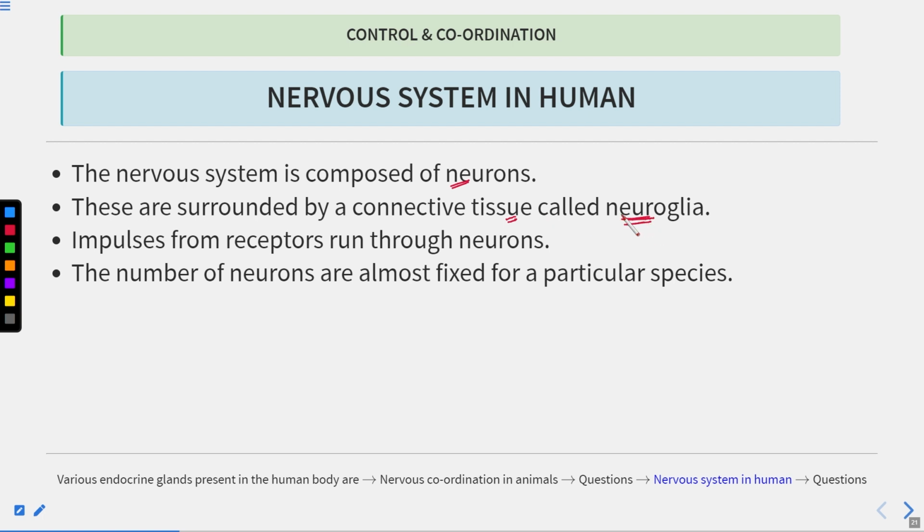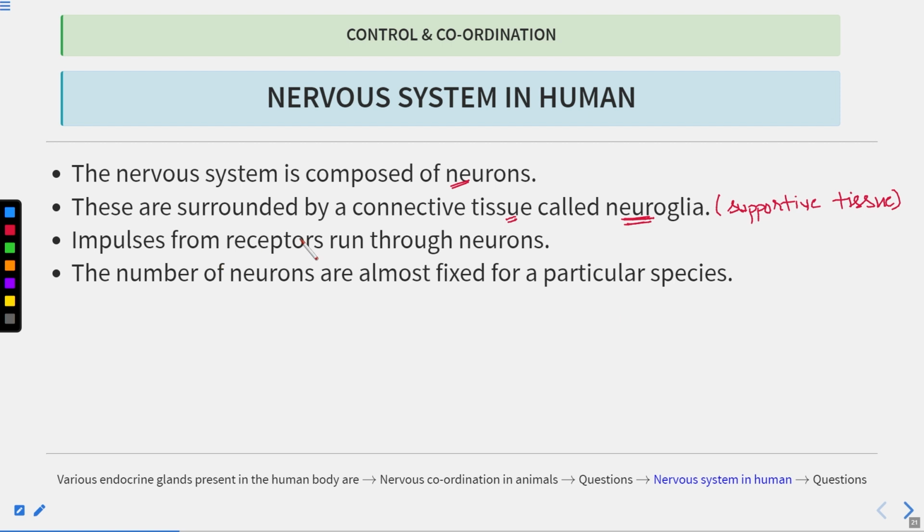Neuroglia acts as a supportive tissue. We'll study about the functions of the neuroglia in the upcoming slides.